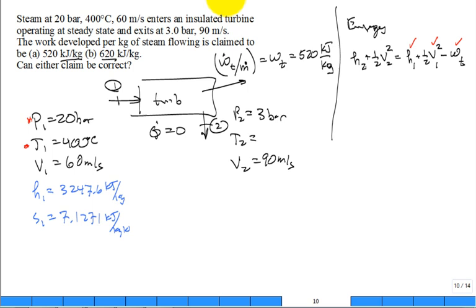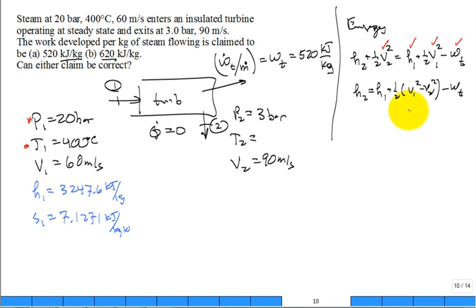And then they told me V2. So the only thing I really don't know is H2. Basically, I'll use that equation to calculate H2, and it's going to be H1 plus 1/2 V1 squared minus V2 squared minus the reported work of the turbine.